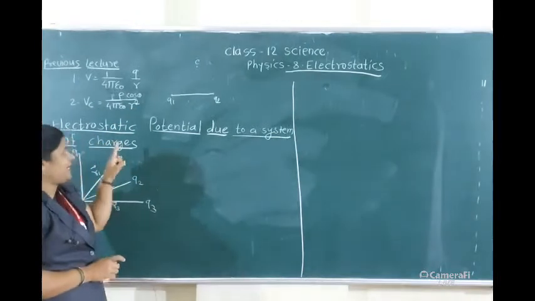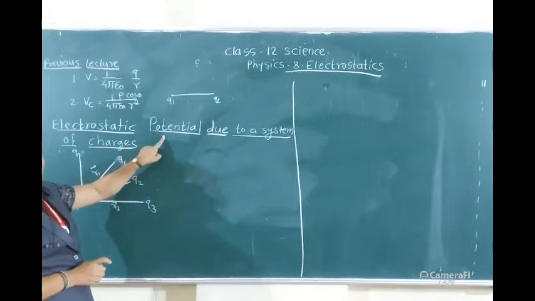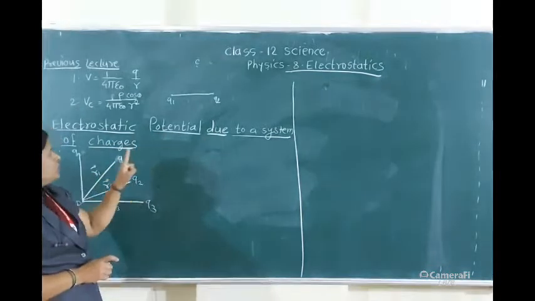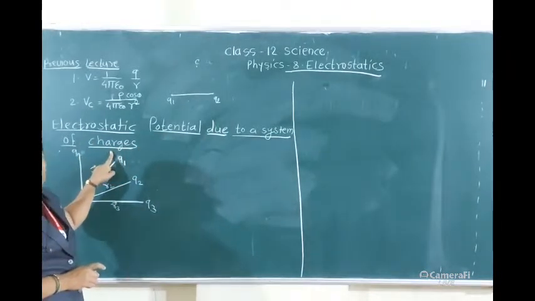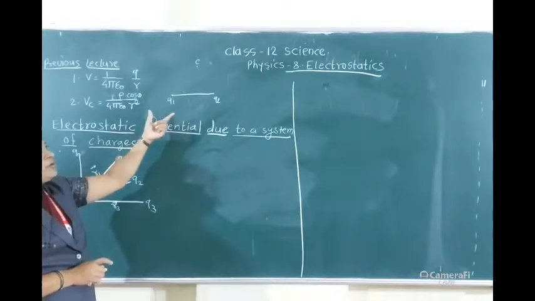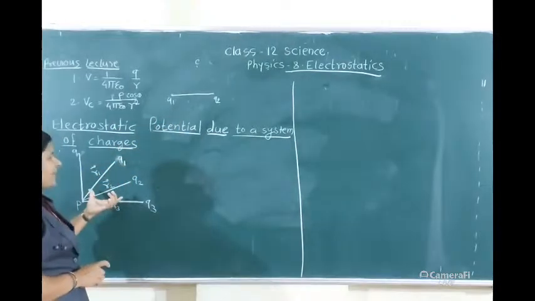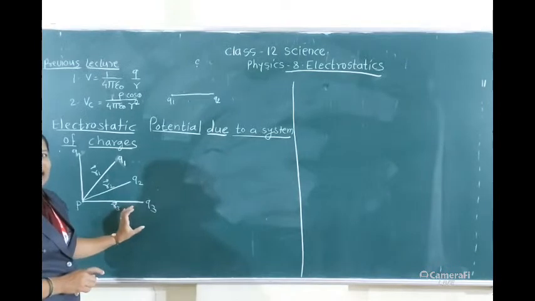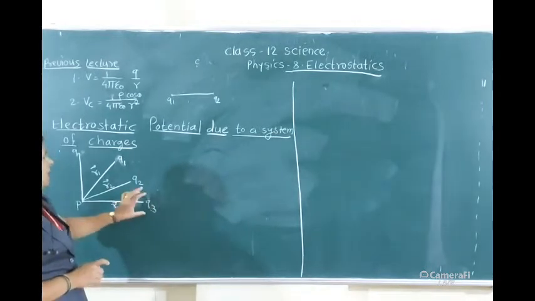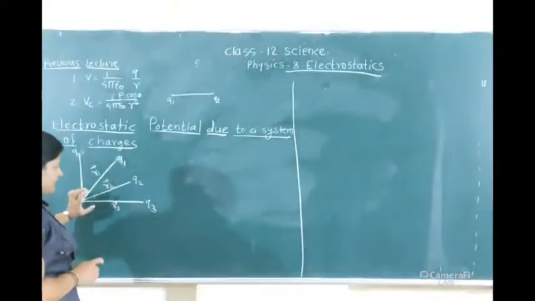Today we are going to study electrostatic potential due to a system of charges. If there are more than two charges in one system, then we get the electric potential of that system.